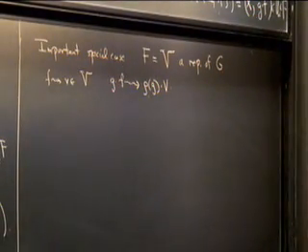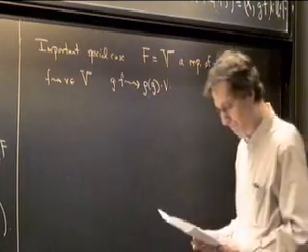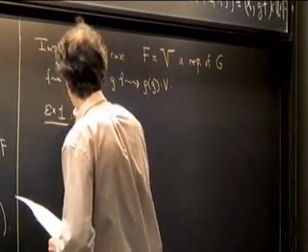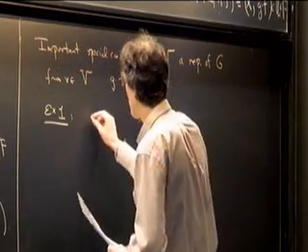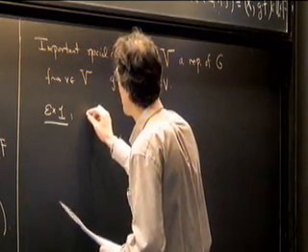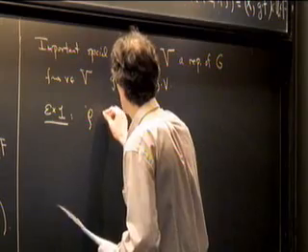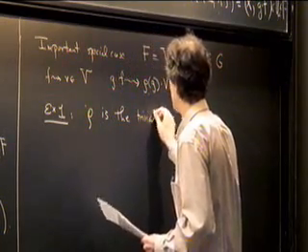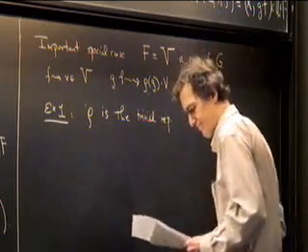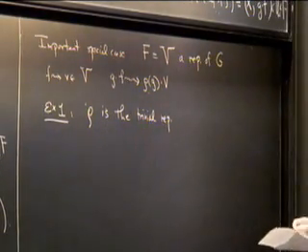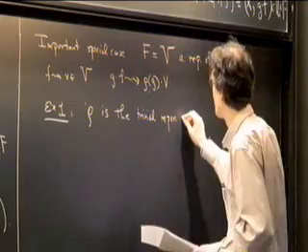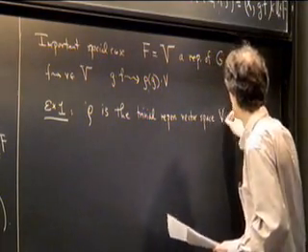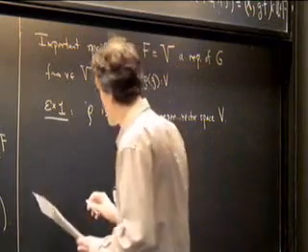Okay, so that's the abstract nonsense. Let's look at some examples. So example 1. Suppose that we indeed take rho to be the trivial representation on a vector space V. So it's just completely stupid.